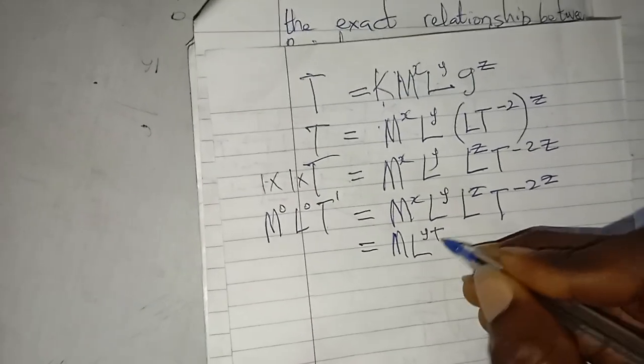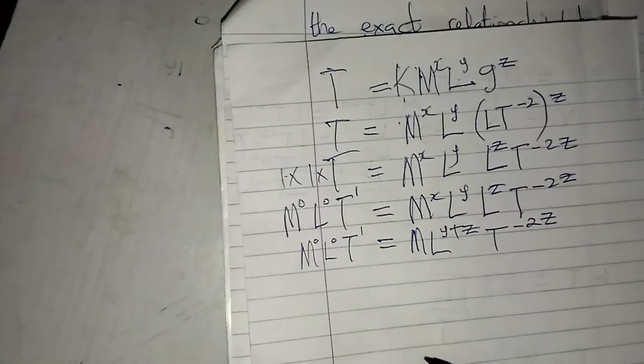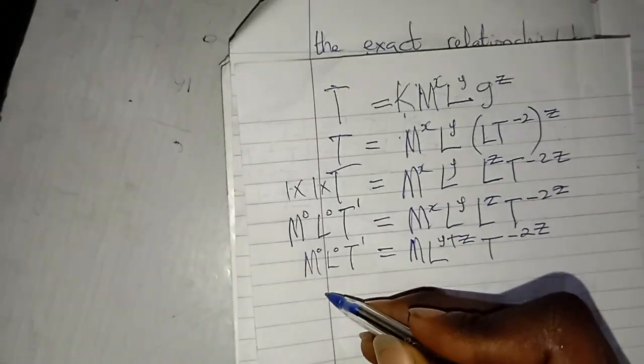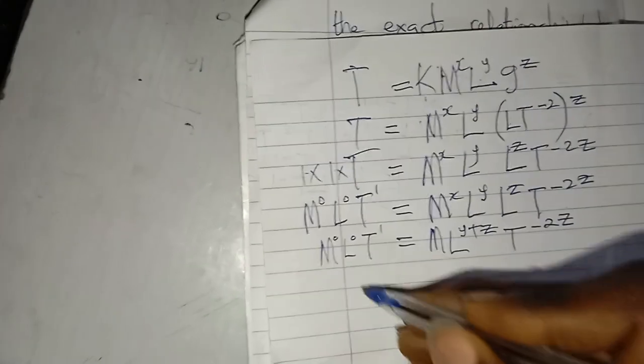And notice that I can now say on the right hand side, let me apply multiplication law of indices. I have m l raised to power y plus z, then t raised to power minus 2z. Notice that at this junction I can now apply the third rule, which is equate the bases.